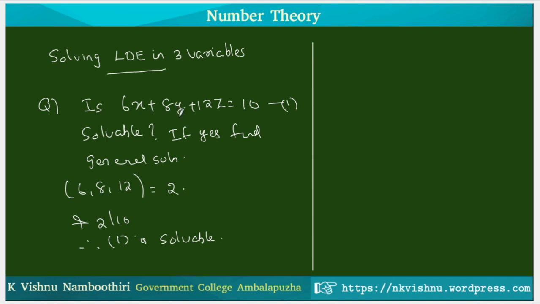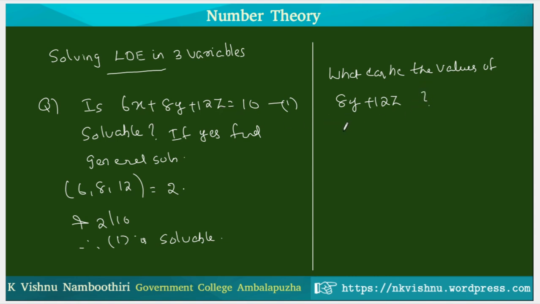So just consider 8y plus 12z, and we will try to solve this in the beginning. What can be the values of 8y plus 12z? It is not necessary to choose 8y plus 12z itself. We can of course choose 6x plus 8y or 6x plus 12z, anything we can choose.